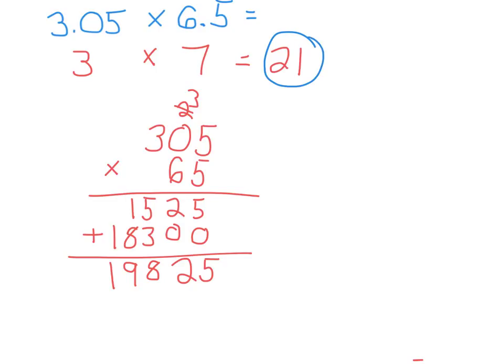That'll get me an answer close to 21, close to my estimate. So it makes most sense to put my decimal after the 9 to get 19.825, or 19 and 825 thousandths. So that is my answer to the problem. 3 and 5 hundredths times 6 and 5 tenths equals 19 and 825 thousandths.